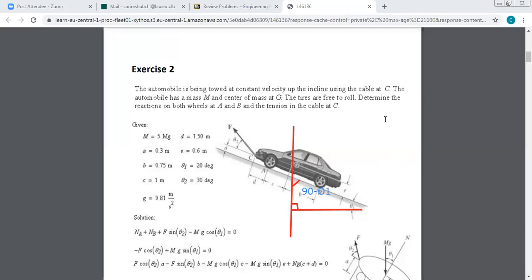Another method to prove this is to say the following: the weight, which is along the vertical, is perpendicular to the horizontal, and from the other side, this y-axis is perpendicular to x-axis, to this line. So this line here, y, is perpendicular to x.